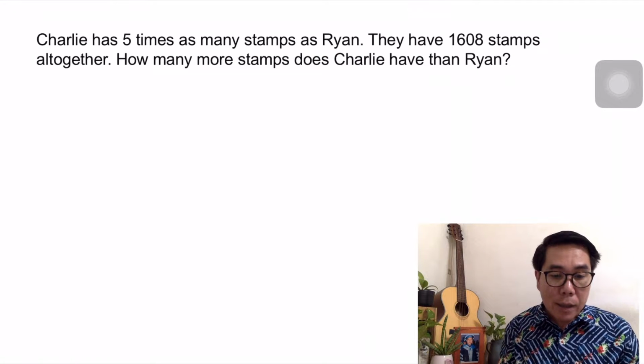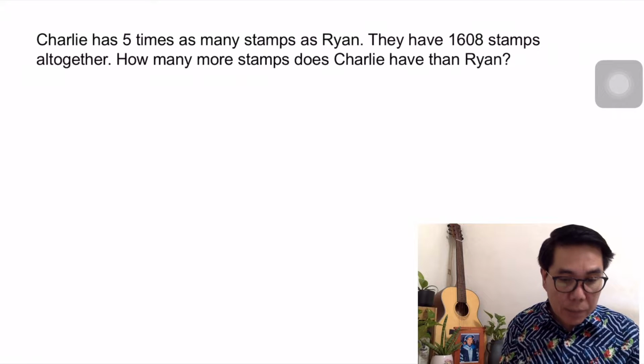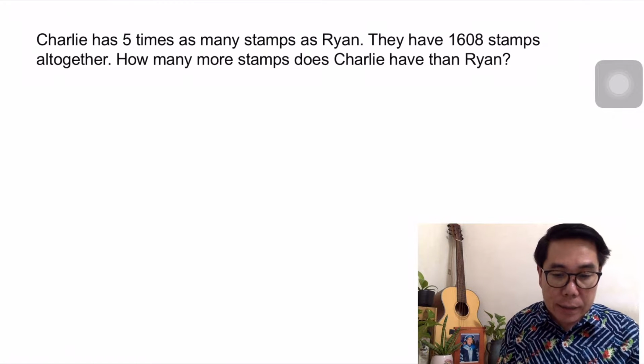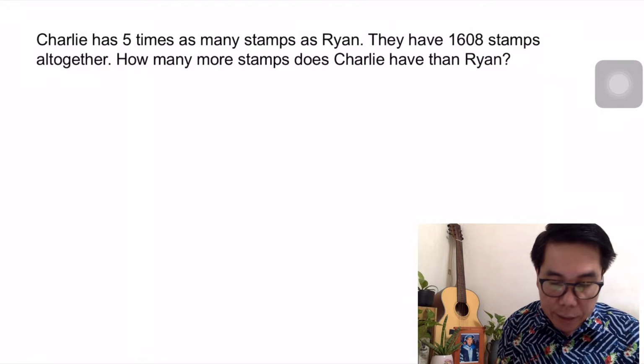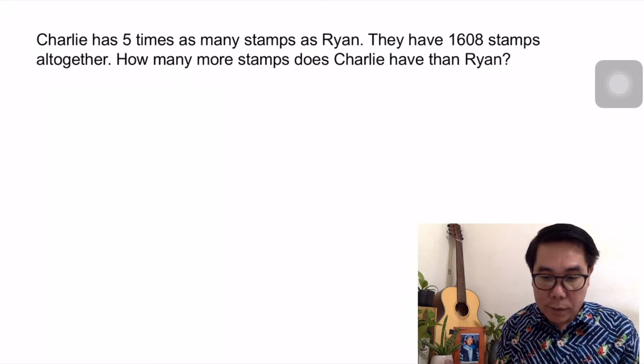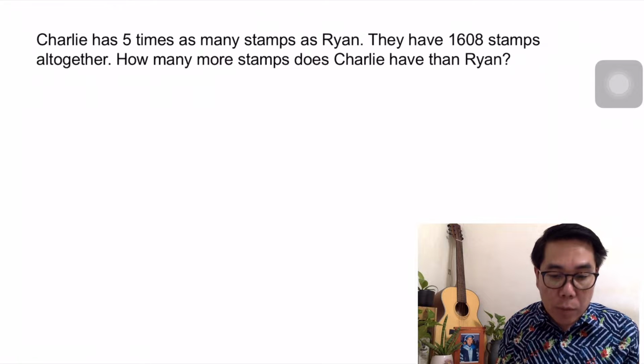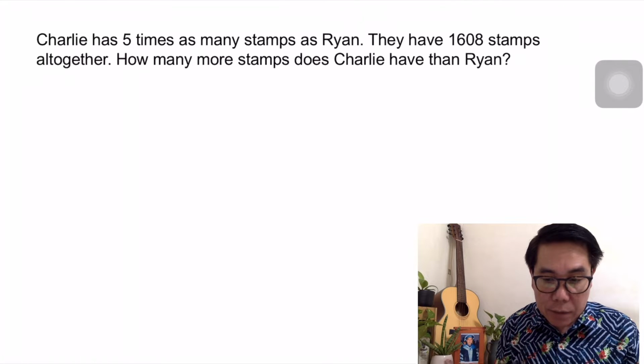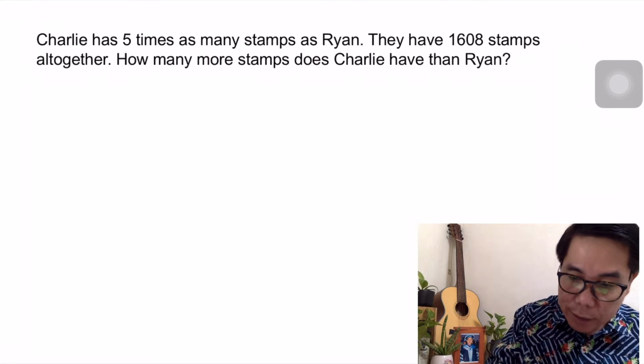Now Charles or Charlie has 5 times as many stamps as Ryan. They have 1,608 stamps altogether. How many more stamps does Charles have than Ryan? Let's analyze the problem.